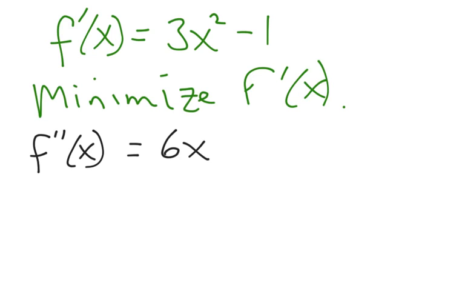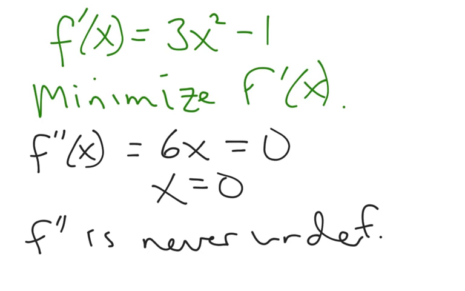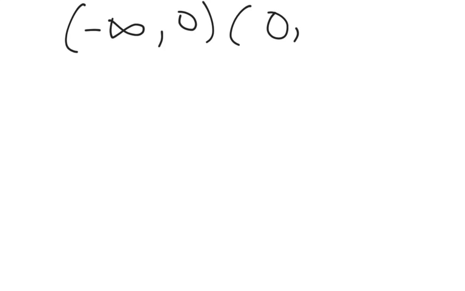So now I need to figure out the critical numbers of f prime, so let's set f double prime of x equal to 0, and of course that is when x equals 0. F double prime is never undefined. And so we're using an open interval here, so we have to use our first derivative test for absolute extrema. So we would go from negative infinity to 0, and then 0 to infinity.